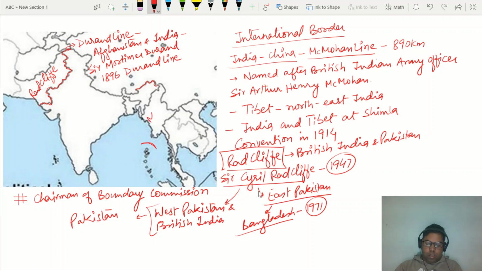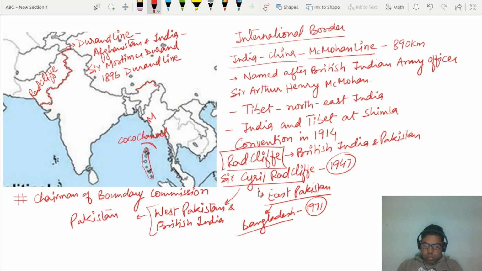This is Myanmar, and there is a territorial land of India in the form of the Andaman and Nicobar Islands. So this is called the Coco Channel. The Coco Channel is the narrow passage which separates India from Myanmar, right?